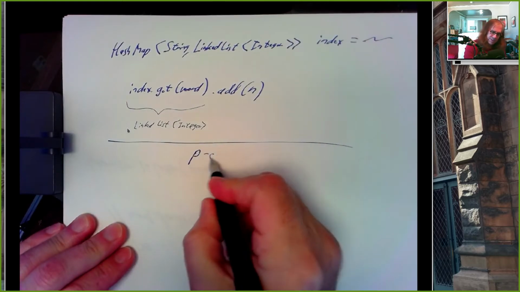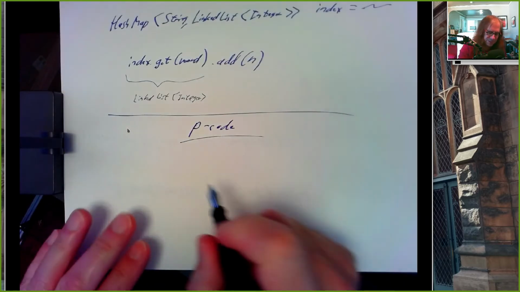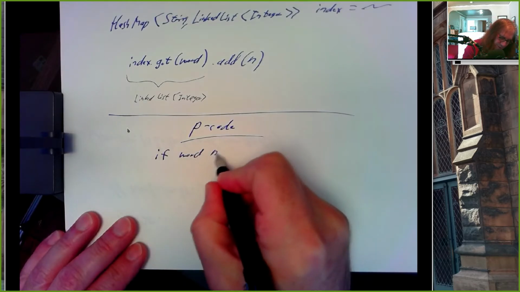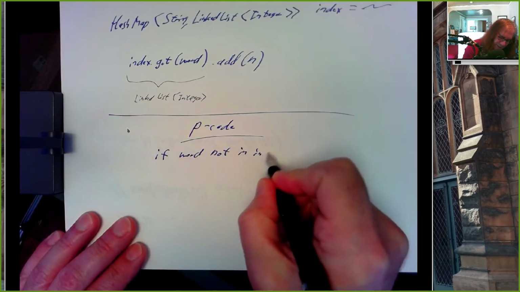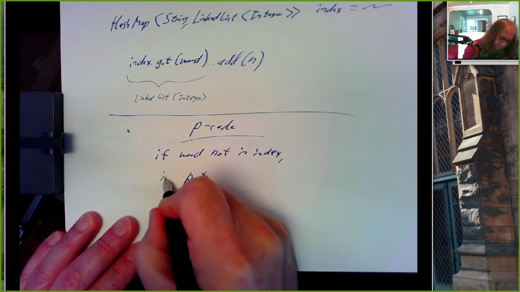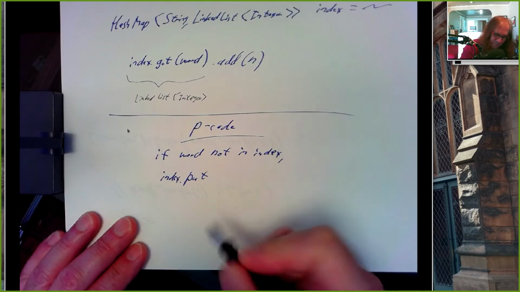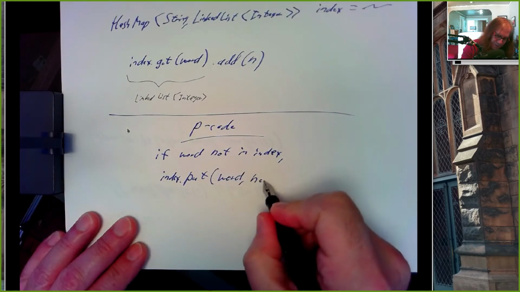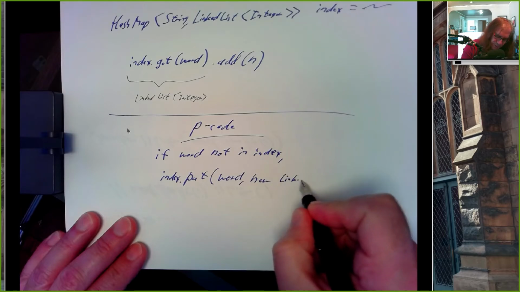So your pseudocode is something like this. If word is not in index, then put the word along with a new linked list.